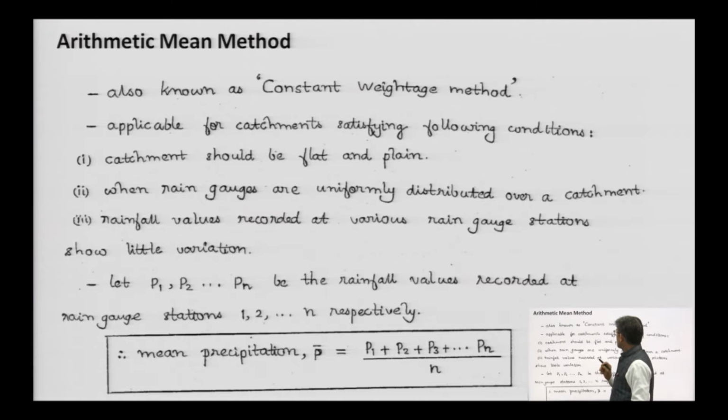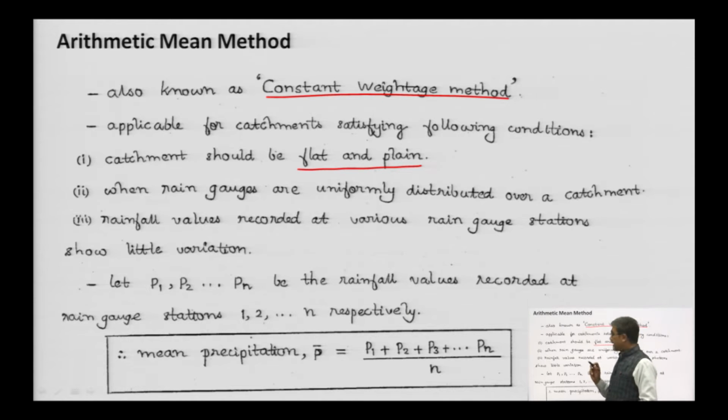The arithmetic mean method is also known as the constant weightage method, and it is applicable for catchments satisfying three conditions. The first condition is that the catchment should be flat and plain.